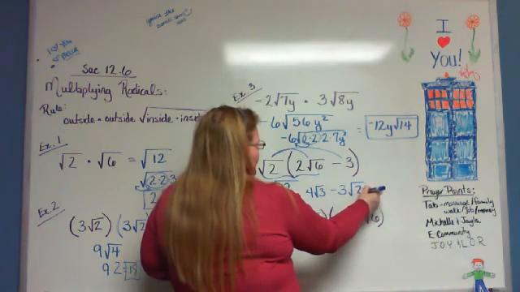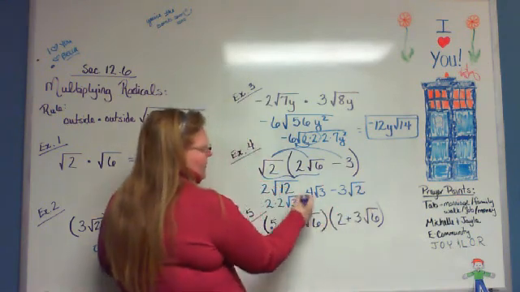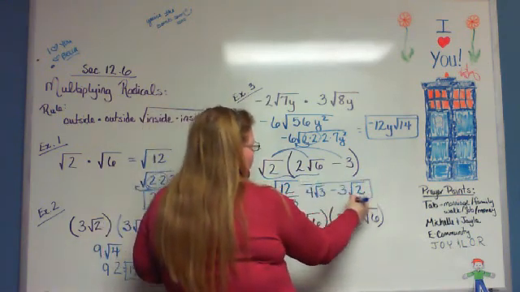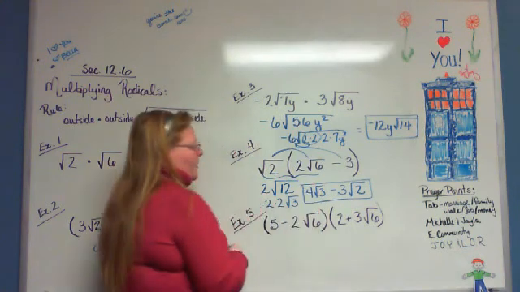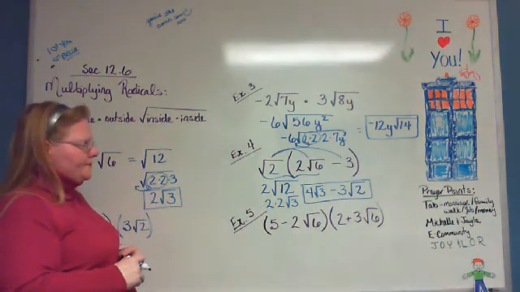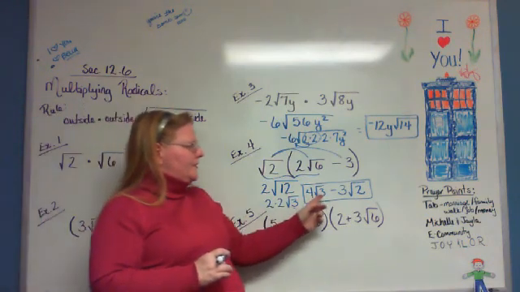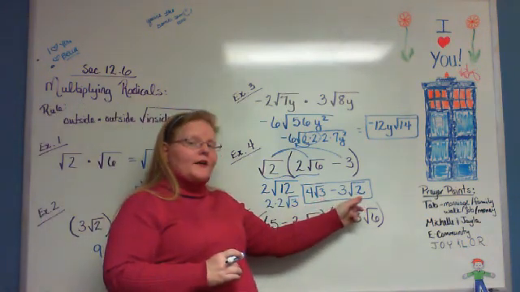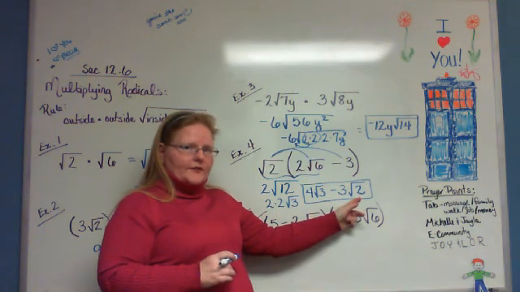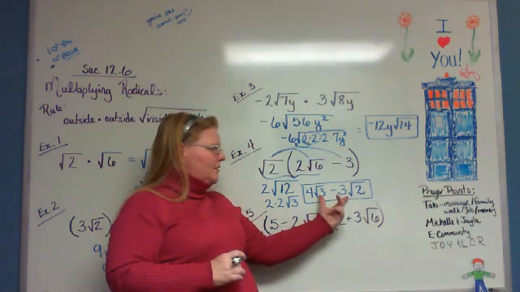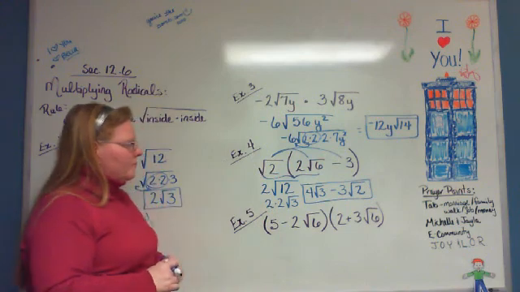So I just write my square root of 2. Can't forget that it's there. It's got to stay. So that's the answer. If these would have ended up alike, yes, you would have had to combine them. But they didn't end up alike, so we're okay.